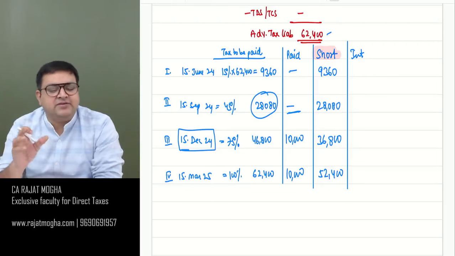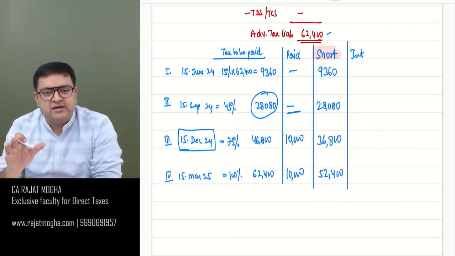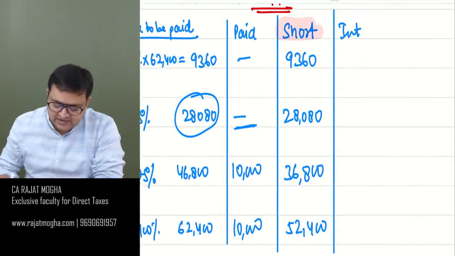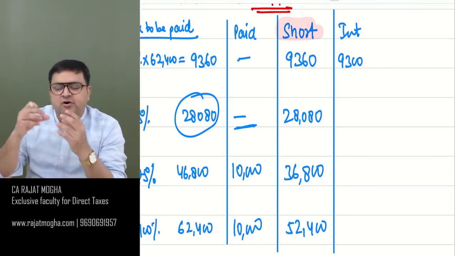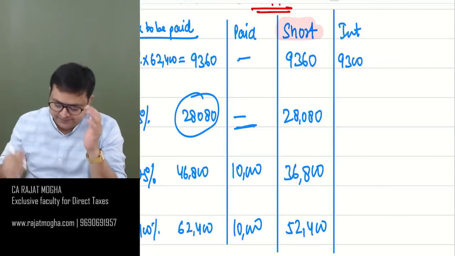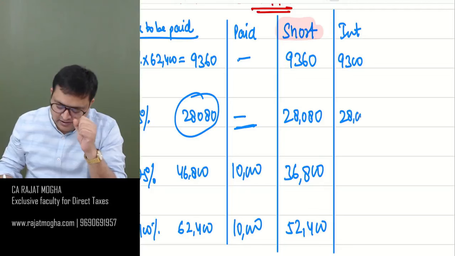Anything in fraction of 100, we'll ignore. So it is 9360, 60 rupees. It should be multiple of 100. I will charge interest on 9300. Any fraction of 100 shall be ignored. Have you understood this also?